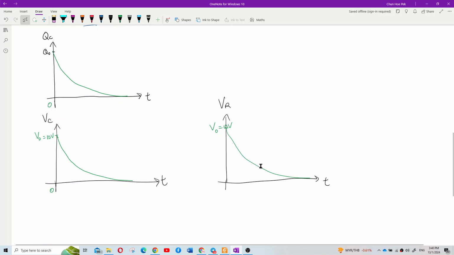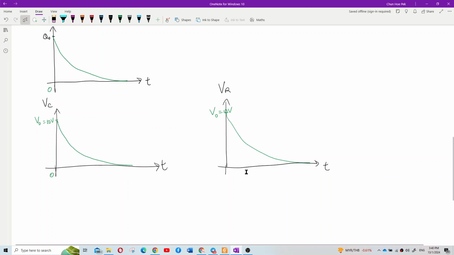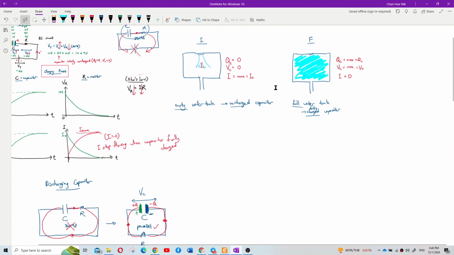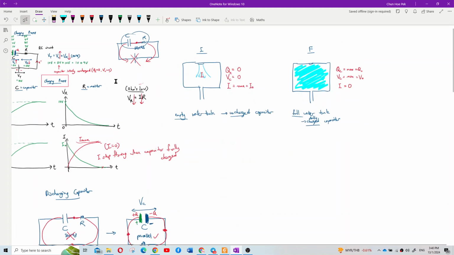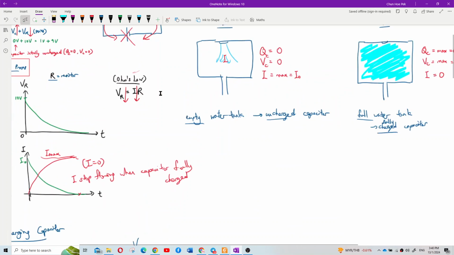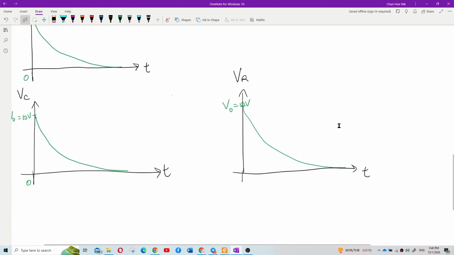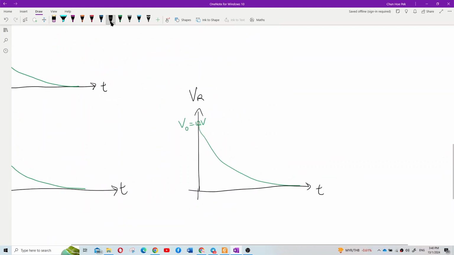So class, what happened to the current? Lastly, what happened to the current? We just look at Ohm's law. V equals IR. Understand this formula? V equals IR. What happened to the current? VR equals IR.